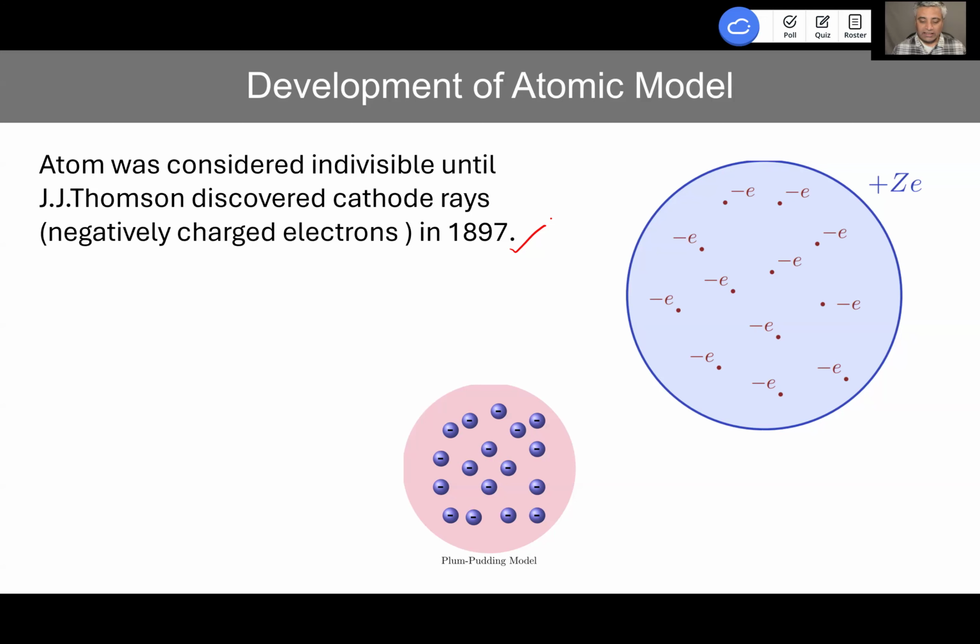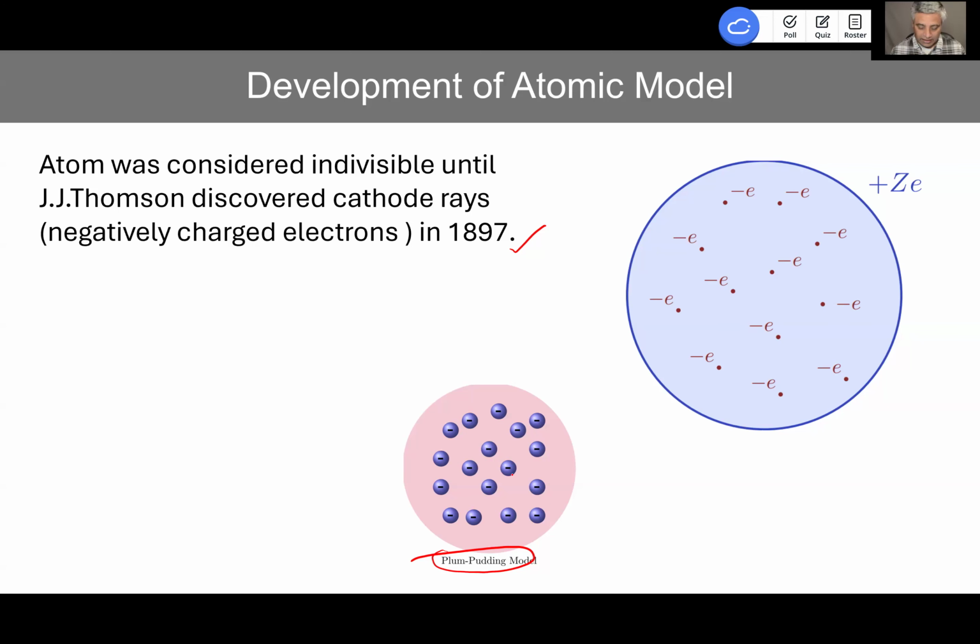Because of this discovery of the electron, they came up with an atomic model also known as the plum pudding model. For me it looks like a chocolate cookie with some M&Ms on it.